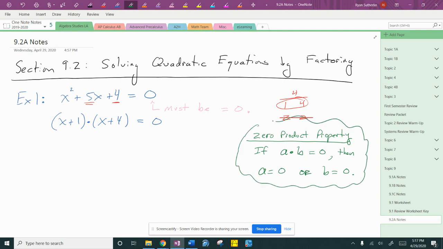What that means is, if I multiply two things and I know that they multiply to be 0, the only way I get 0 is if one of the two things is equal to 0.